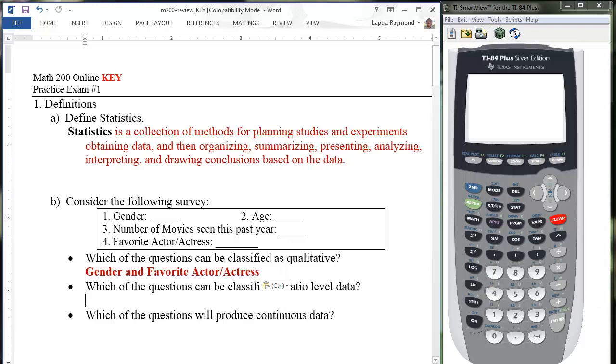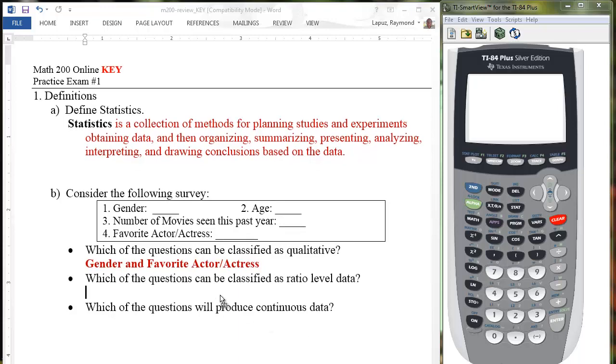Next question is asking us which of these questions can be classified as ratio level data. So ratio level data is looking at numerical values or quantitative data that has a natural zero.